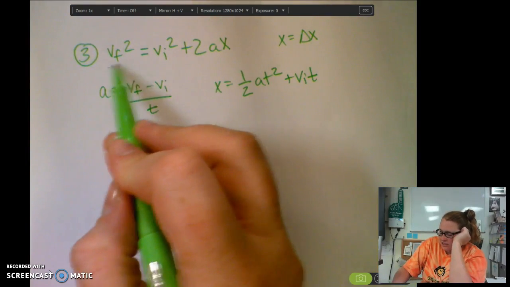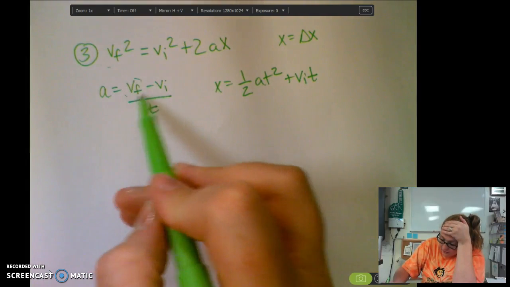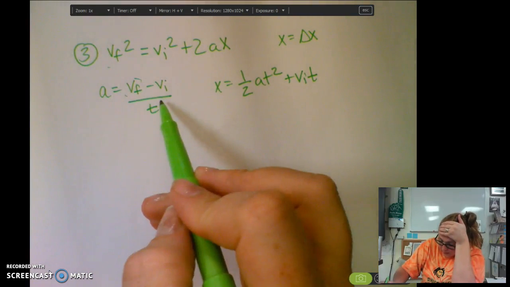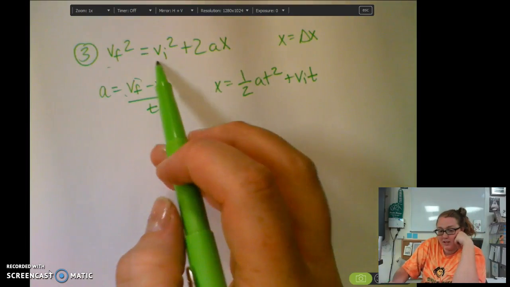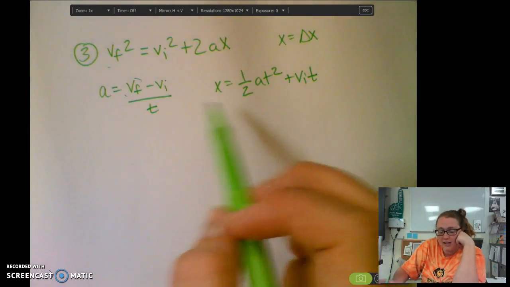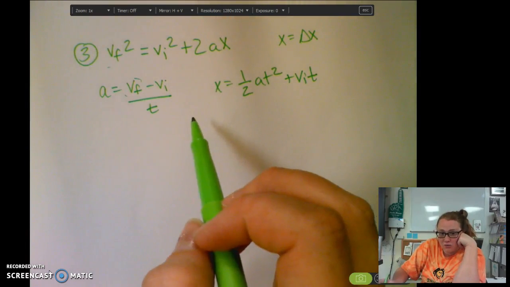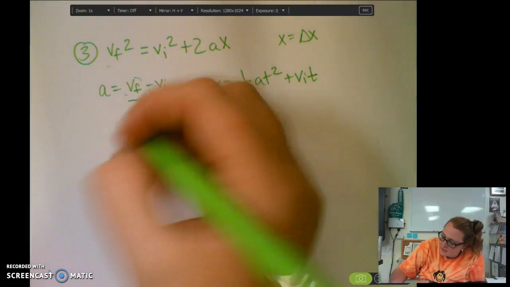I need to find a way to square vf. So I'm going to start by using this equation and solving for vf, and then I'm just going to square it. From there, hopefully I can manipulate the variables enough. These are my tools, the equations I've already derived, so that's all I can use. So let's just get started.